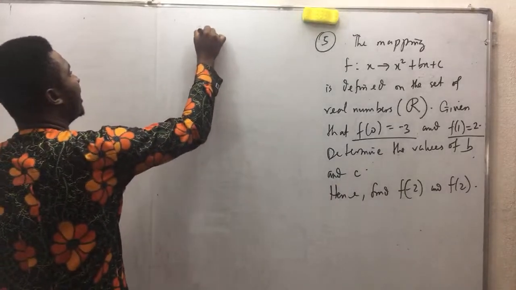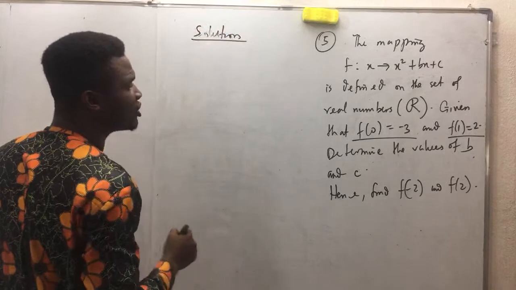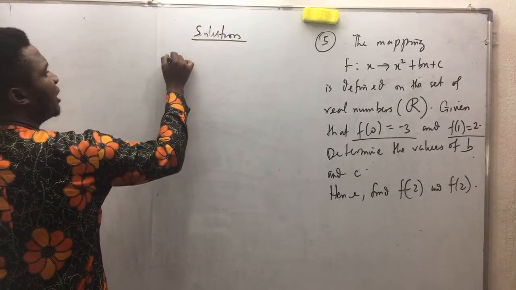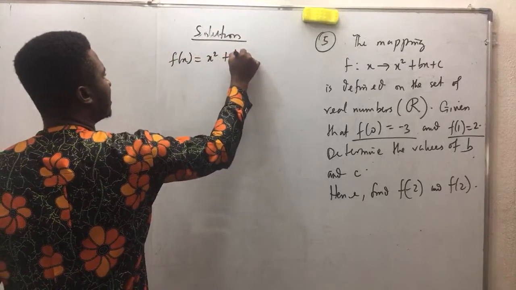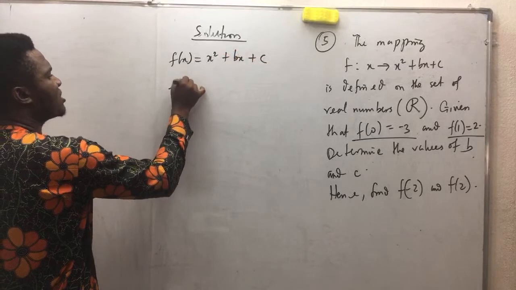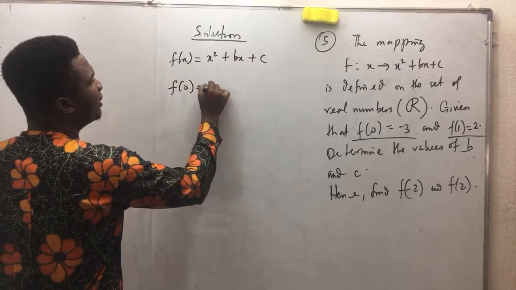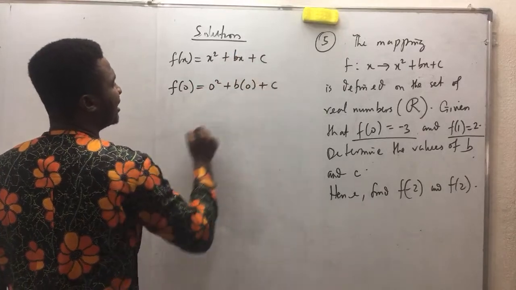So I'm going to put here solution. So how will my solution proceed? I'm going to start with f of x, we are told, is x squared plus bx plus c. So what next do I do? F of 0 will be equal to 0 squared plus b times 0 plus c.